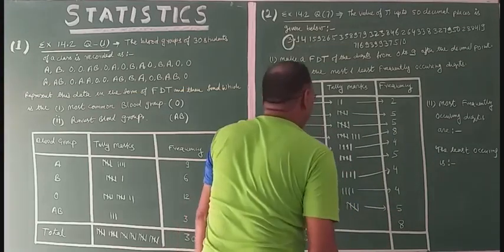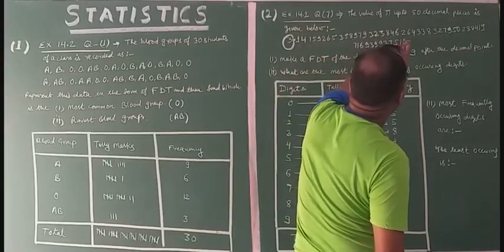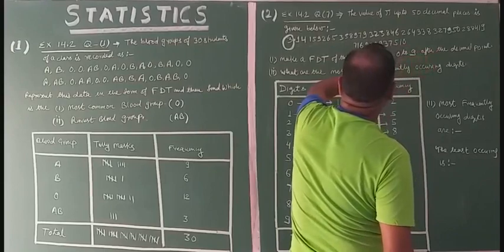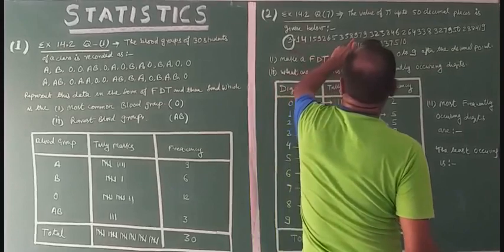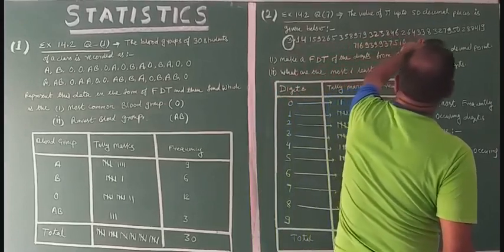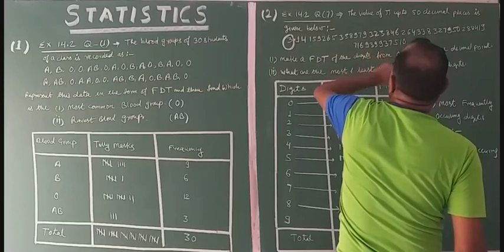And then 9 is there. 1, 2, 3, 4, 5, 6. Again 1, 2, 3, 4, 5, 7, 8.